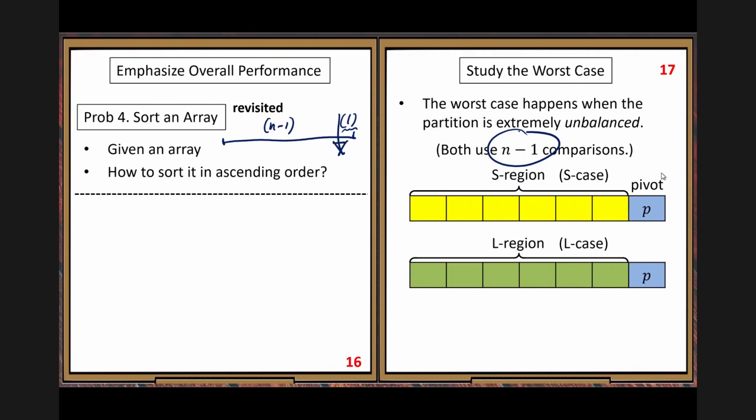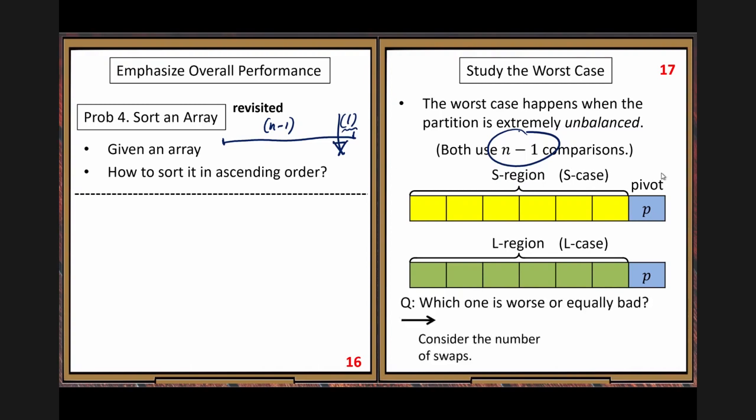For the n-1 subarray, you need to apply divide and conquer another time, and you also get an extremely unbalanced split.